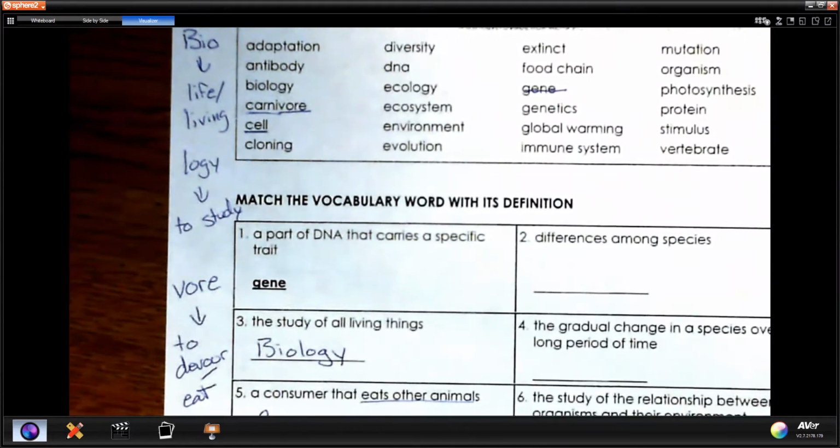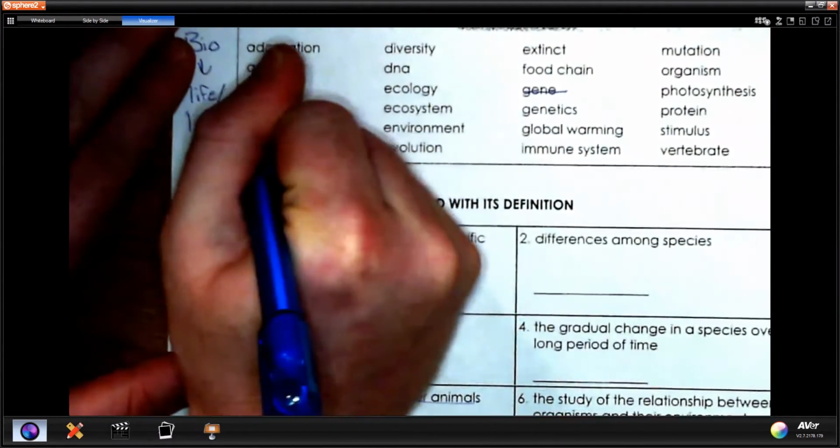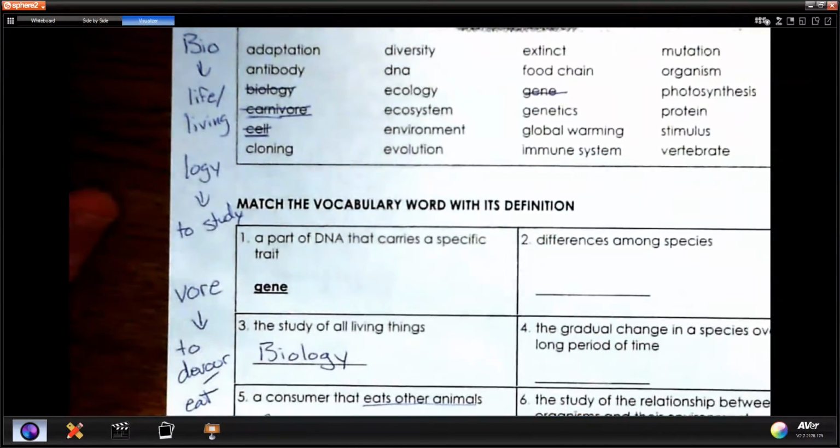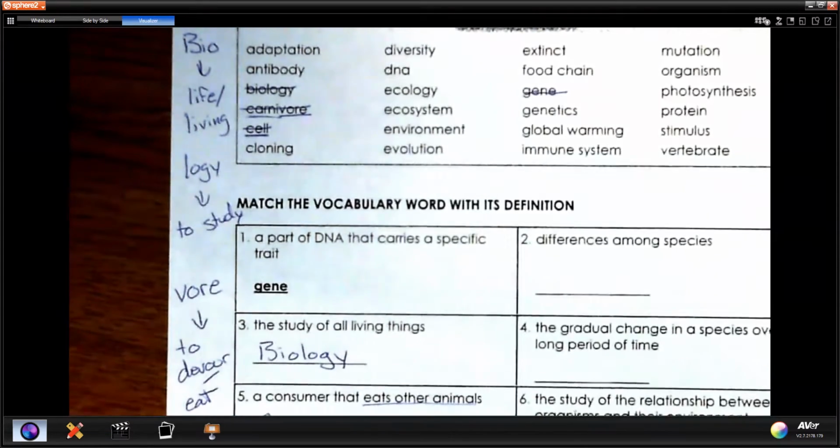So adaptation, so we've used biology, we used carnivore, we used cell. Let's see. How about cloning? Is that a term anyone's familiar with? What it means to make a clone of something?